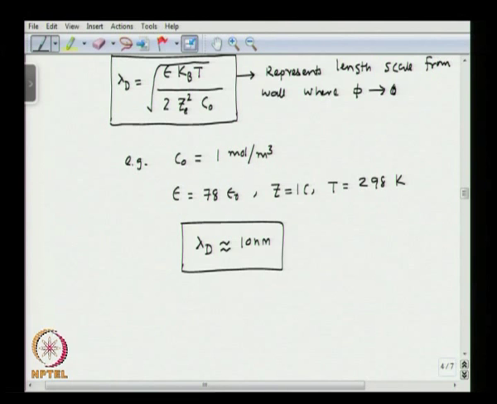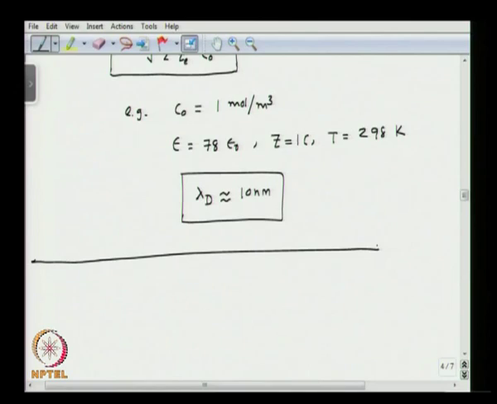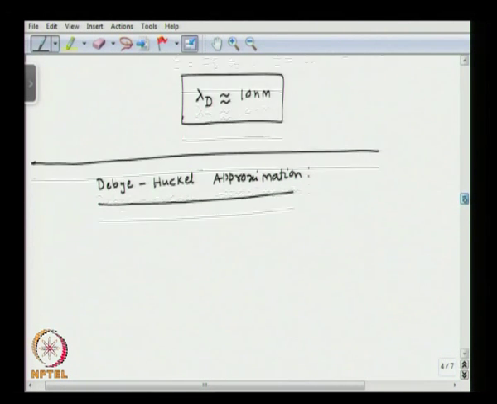Next we move on and talk about the Debye-Huckel approximation. The approximation is based on the fact that the electrical energy is less as compared to the thermal energy.